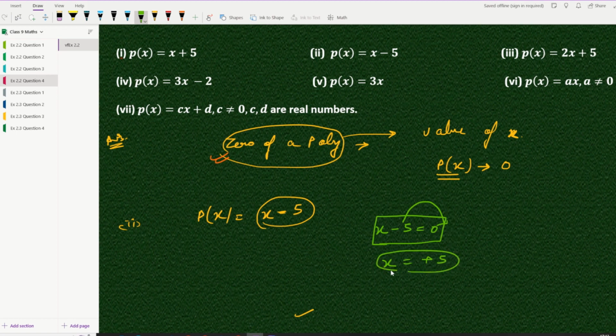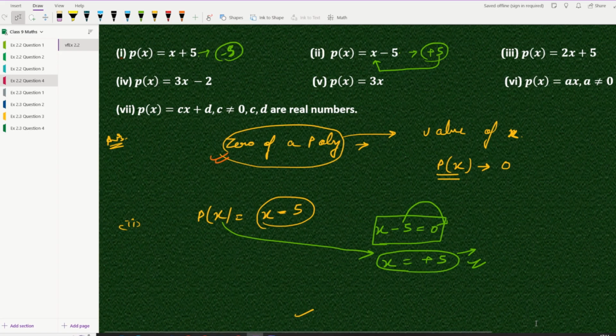So this value is going to be the zero of this polynomial, right? So the answer for the first part was -5. The answer for the second part is +5. क्यों है ये आंसर्स? क्योंकि जब आप इन वैल्यूज को पॉलिनोमियल में डालेंगे तो -5 + 5 will become 0, and here if you replace x with 5, then 5 - 5 will be again 0. काफी सिंपल क्वेश्चन है.